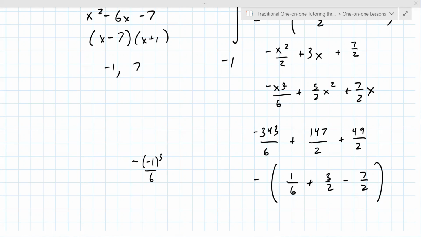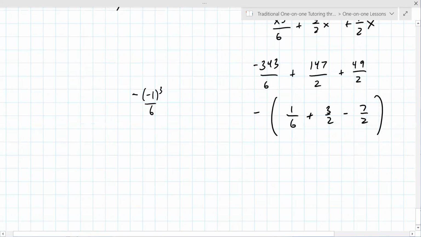Which one do you want, the top or the bottom? Don't you just add them and subtract them at this point? I would probably try to combine things in a nice way. The ones that both have 6 on the bottom, that's negative, oh wait, that's negative.